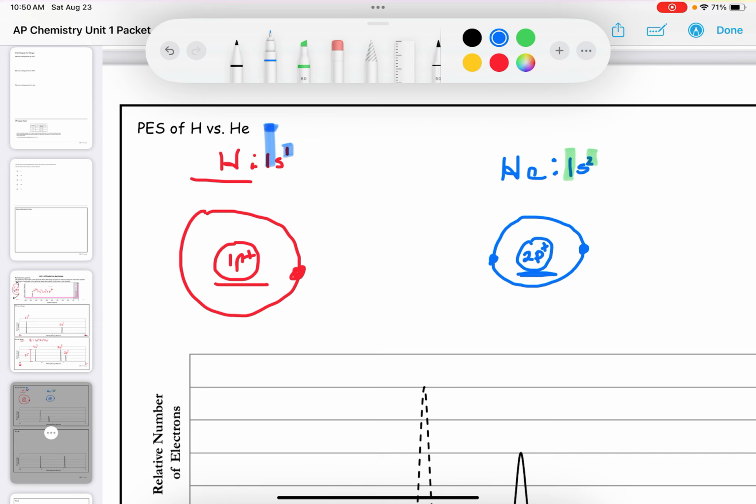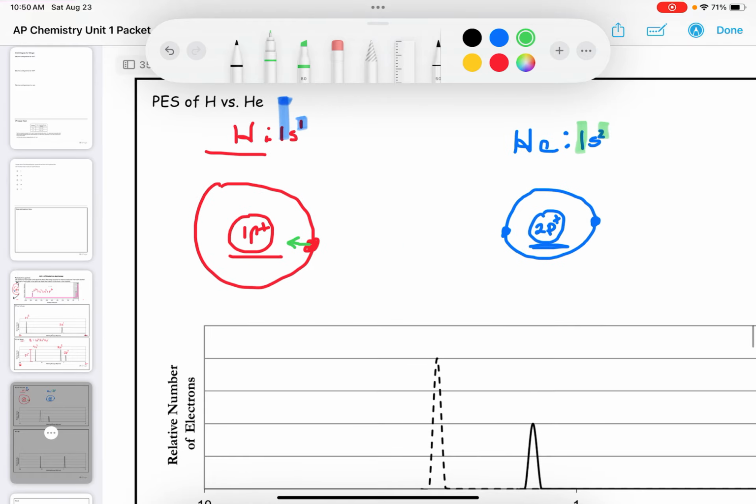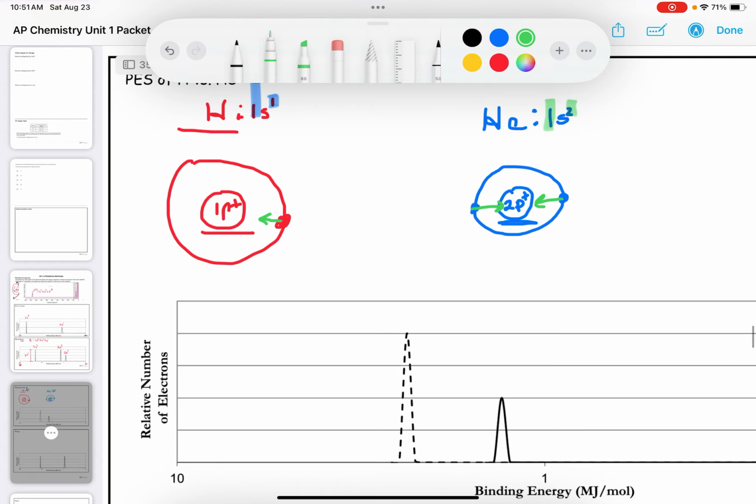The attractive force of this proton on this electron is not as strong as the attractive force of these protons on both of those electrons. And they feel it equally because they're an equal distance from the nucleus, and because the nucleus has 2 protons. Those 2 protons are pulling on both of those electrons with the same magnitude as if there was only one of them, really, kind of.